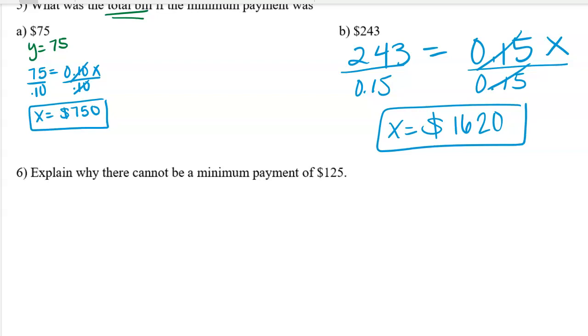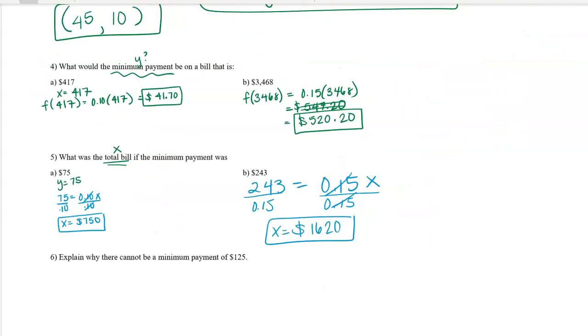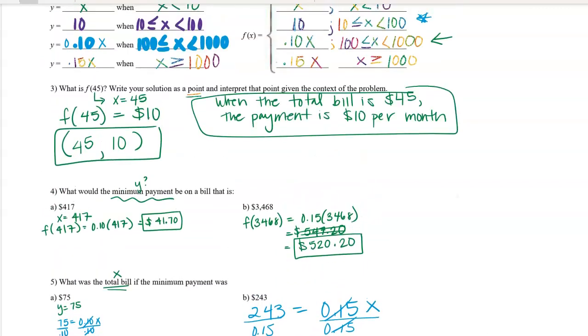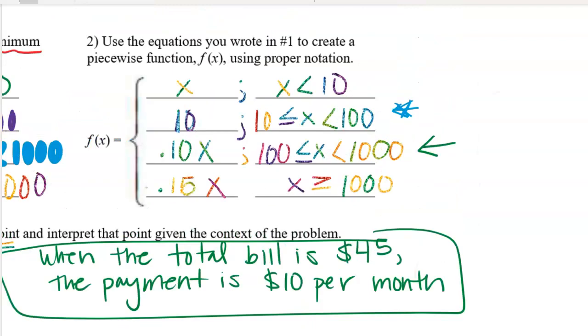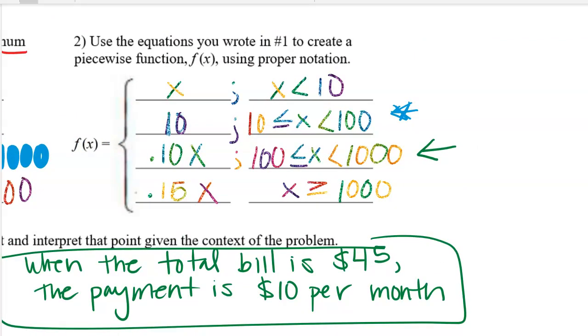Explain why there cannot be a minimum payment of $125. Ooh. All right, guys. Thinking time. How come your payment would never be $125? What is the reasoning? Okay, so Kyle, do you have a reason why it cannot be? So in your team, discuss. Talk about it, and then I'm shuffling the cards, and one person will give just the answer.